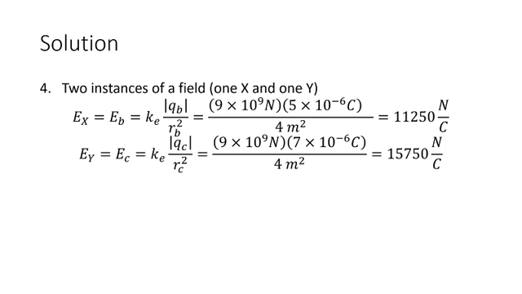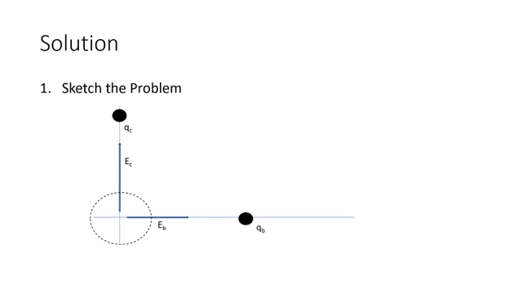When I plug that in for charge C, I get 15,750 newtons per coulomb. And then if those are our two vectors, our y component is going to be the 15,750, and the x component is going to be the 11,250.